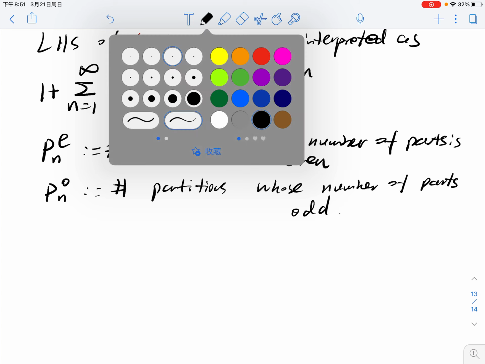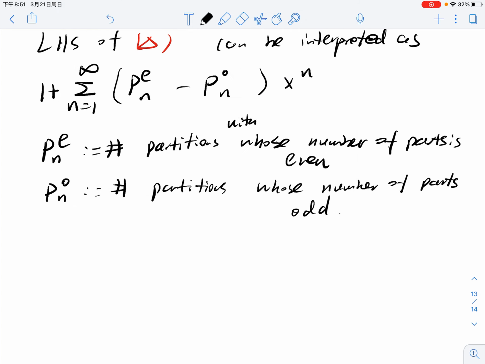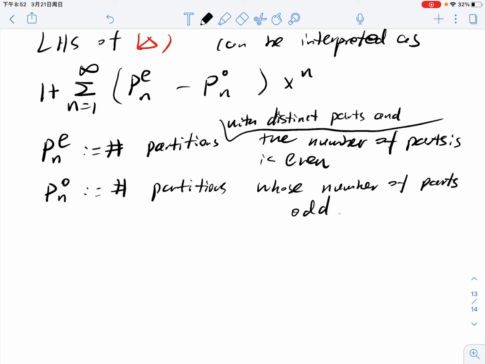So I omitted one condition. Partitions with distinct parts, and the number of parts is even.